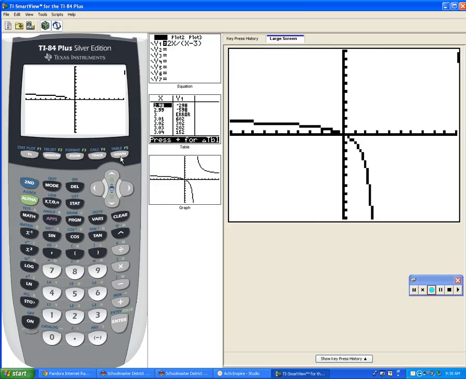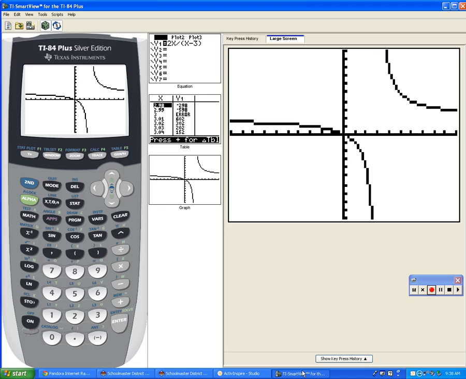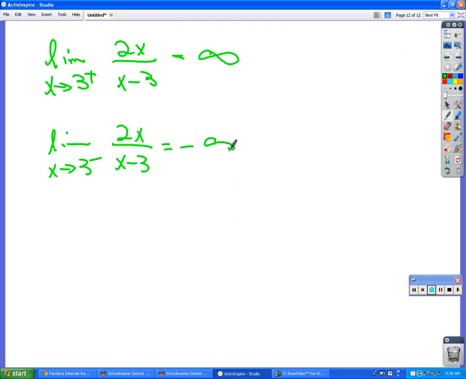And you can confirm that by looking at the graph. It's the other way that you can do this. If I go to 3 right here, what's happening to the graph as I approach that from the right-hand side? Infinity. Okay, so I would say the answer to this is infinity. And then looking at the graph, or you could look at the table, if I approach 3 from the negative or left-hand side, the graph is approaching negative infinity. Okay, so what can we say is true about the graph at x equals 3?